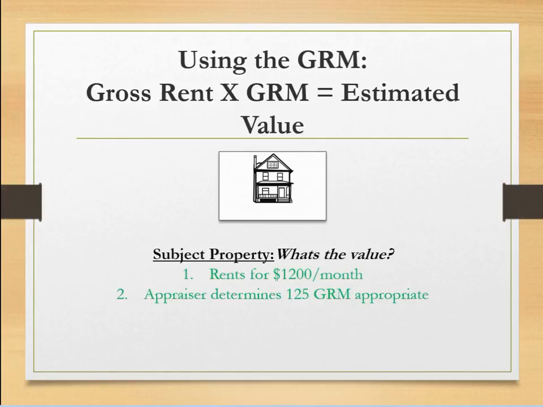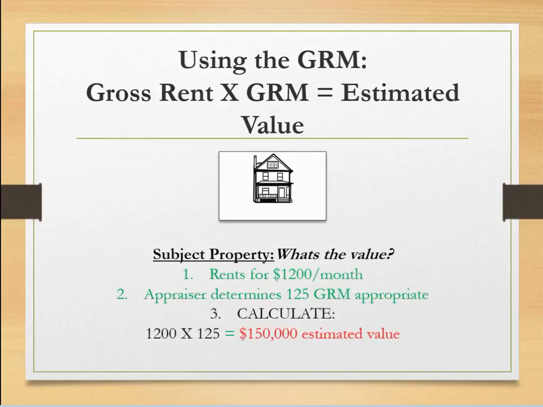So the appraiser is using their expertise to say a 125 GRM is appropriate here. So if the subject rents for $1,200 and a 125 GRM is appropriate, the formula is simple. Take the gross rent, multiply it by the GRM, and you'll get the estimated value of the subject property.